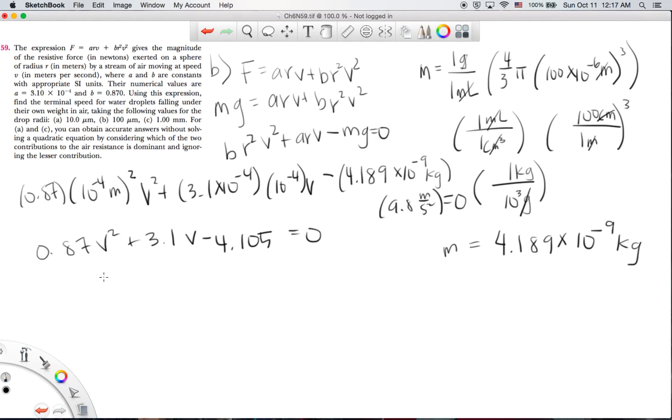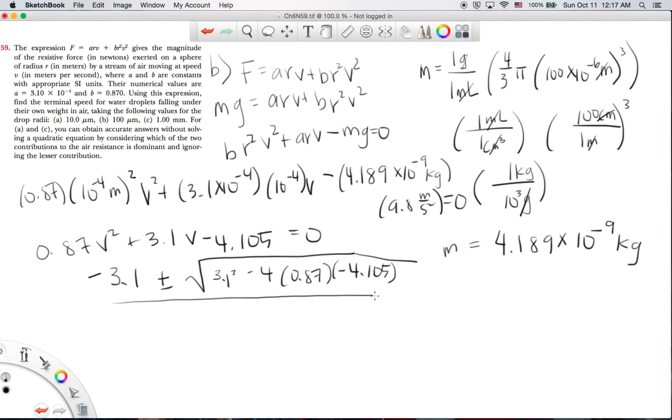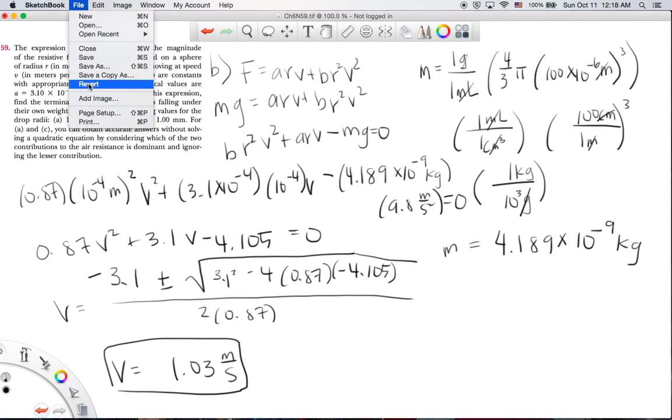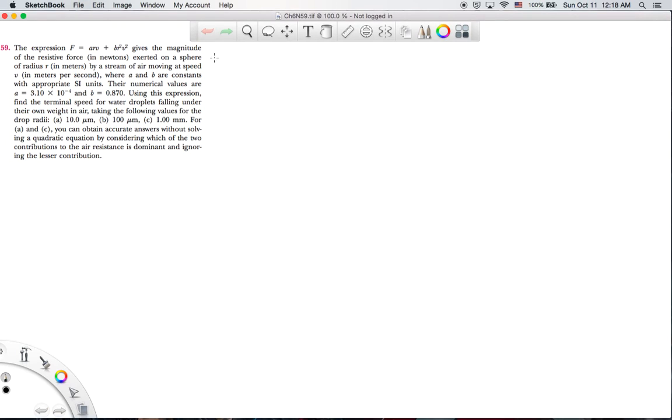Then we plug into the quadratic formula, so negative 3.1 plus or minus the square root of 3.1 squared minus 4 times 0.87 times negative 4.105, divided by 2 times 0.87, and you'll only get one positive answer, and that's the velocity, which is going to be 1.03 meters per second. So that's part B.